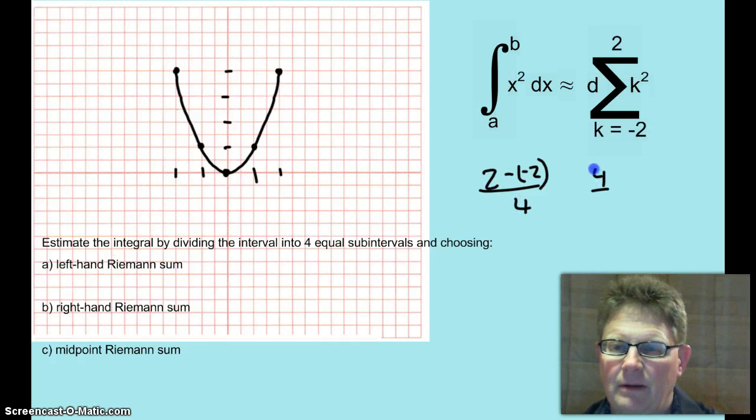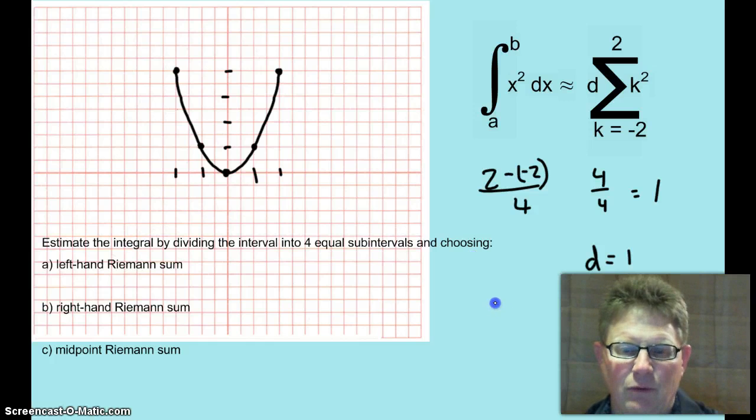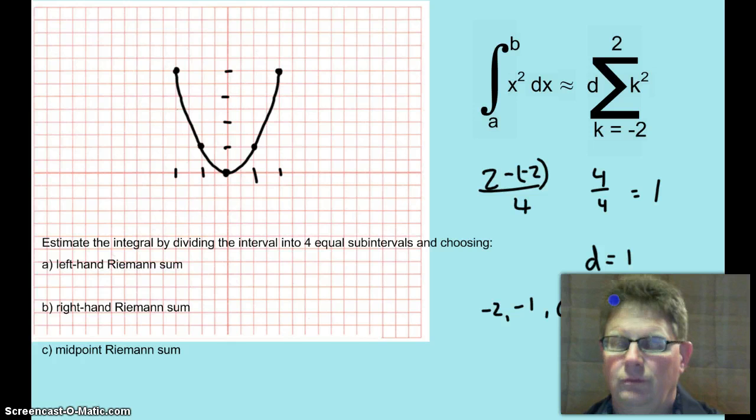So that's 4 divided by 4. So D is going to equal 1. My bounds are going to be negative 2, negative 1, 0, 1, and 2.